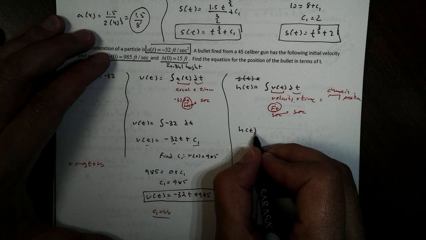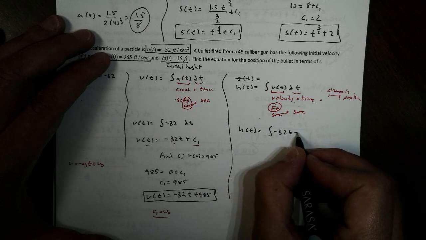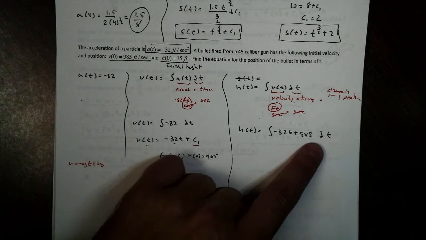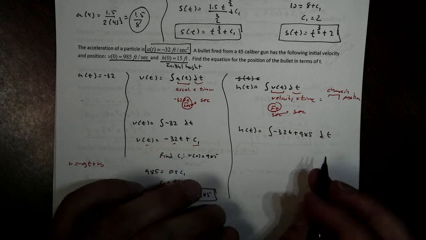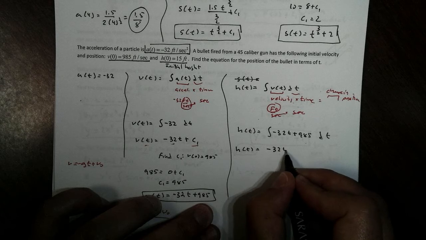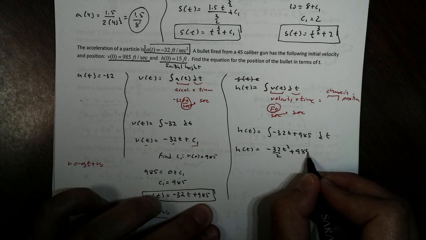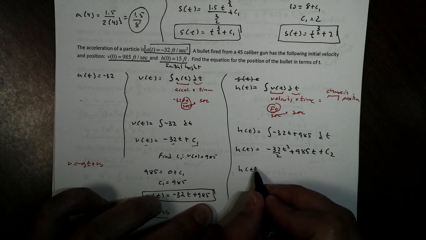Let's go ahead and integrate the negative 32t plus 985. Again, don't forget the dt. You have to remember that. You will not get any credit if you don't have that. So integrating, this becomes negative 32t squared over 2 plus 985t plus c2. Now I'm going to simplify this just a little bit.